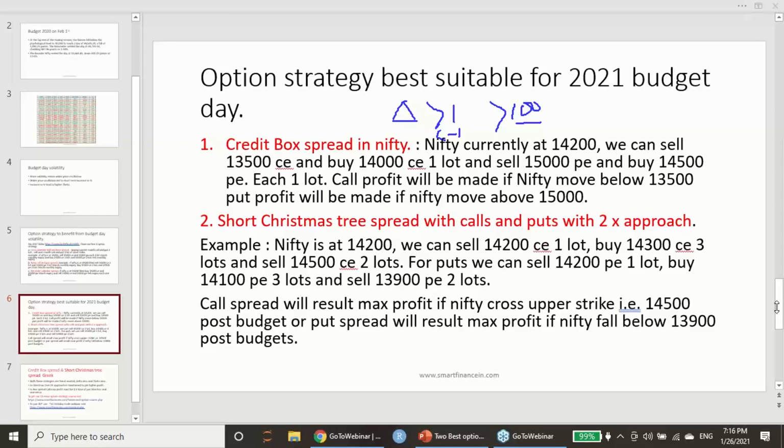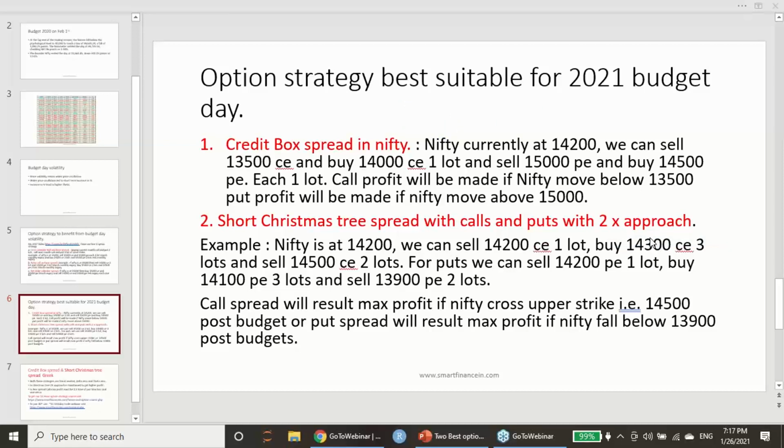Delta of a call option cannot go beyond 1, cannot fall beyond -1. But if IV goes above 100, this becomes possible. That's why I used to tell that any instrument anywhere it gives you an IV above 100, at that time it violates the very definition of Greeks. So it is better not to trade in those options.